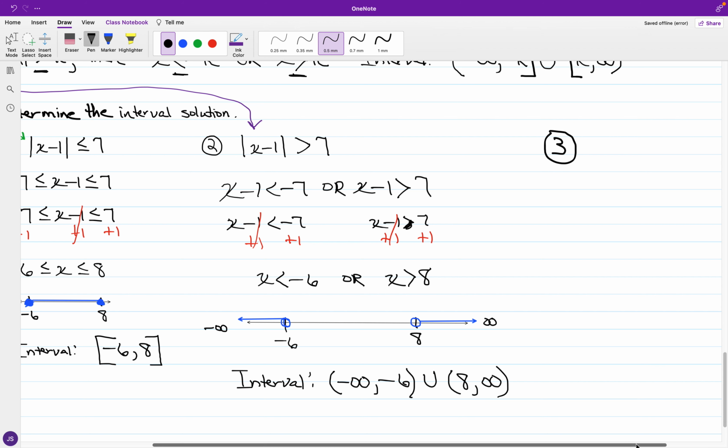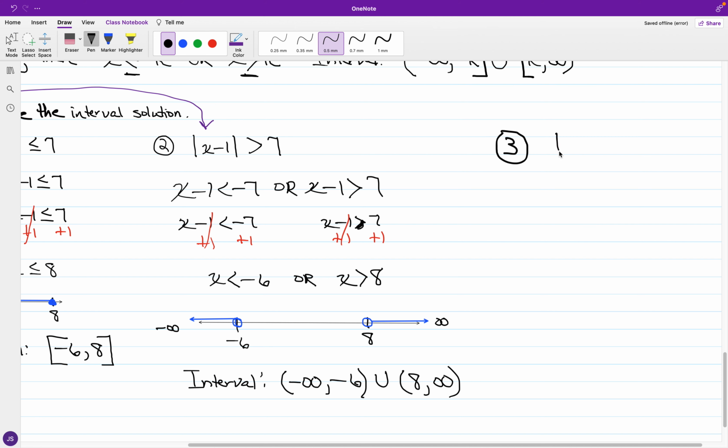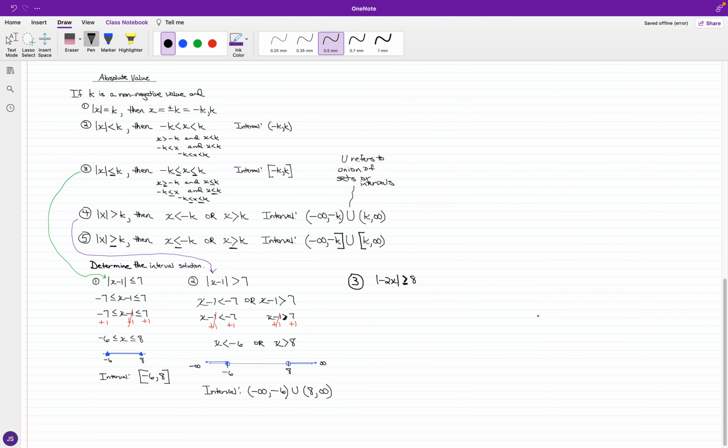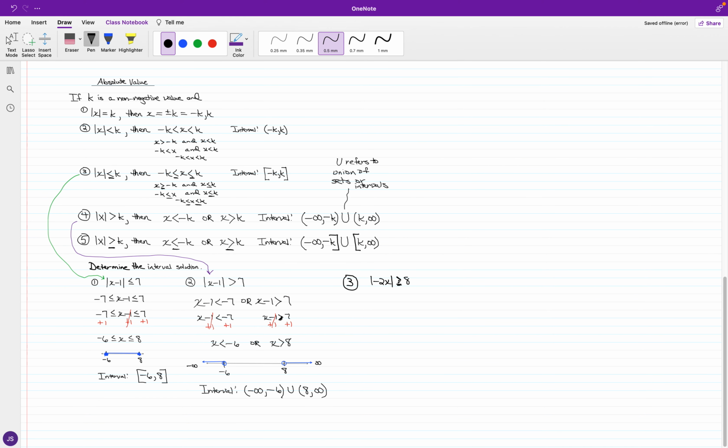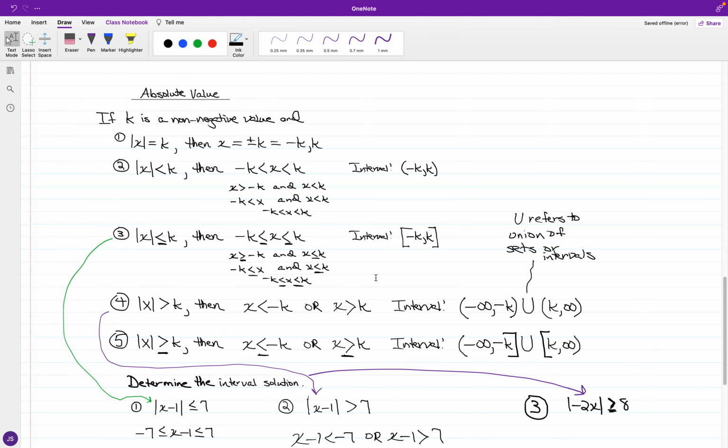Just to keep these basic, let's say we have the absolute value of negative 2x is greater than or equal to 8. So you have the absolute value of x represented by that of negative 2x. k is non-negative, and it is represented by 8. So you have this next scenario to appear.